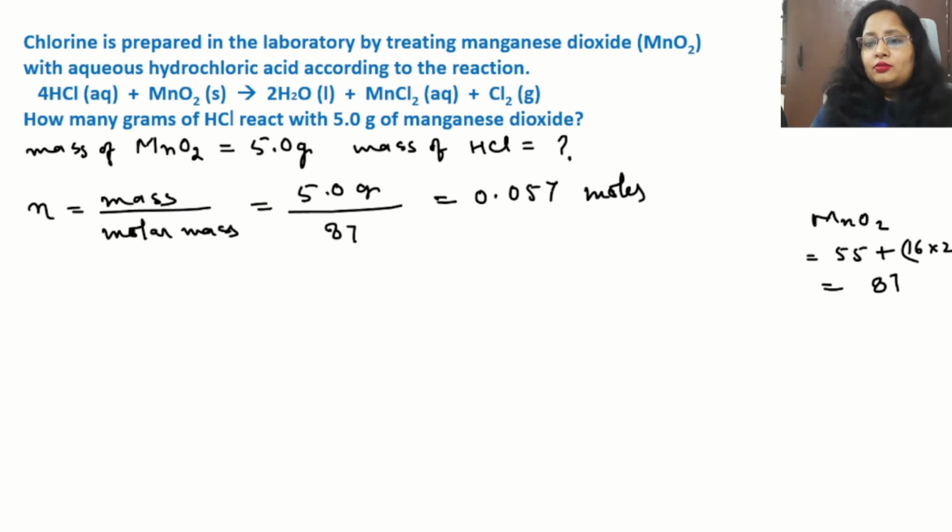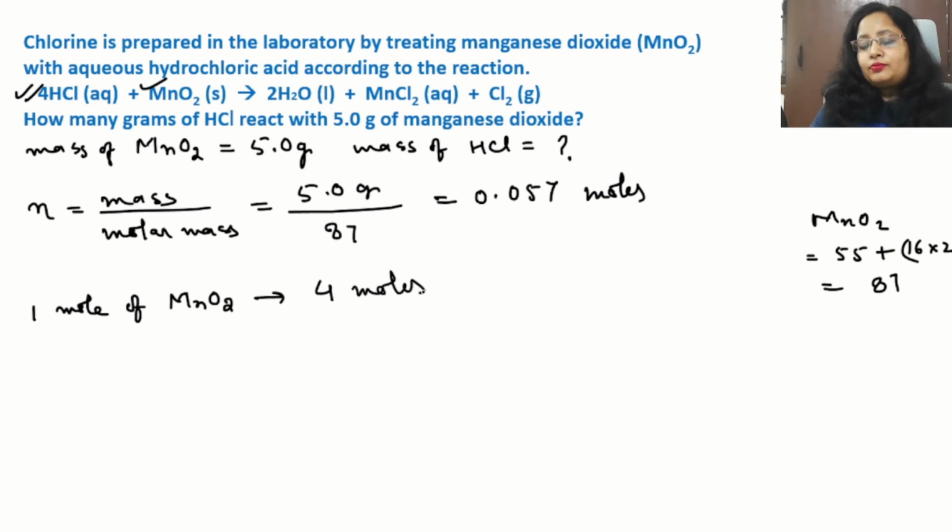Now according to the reaction, 4 moles of HCl reacts with 1 mole of MnO2. So we can use this point. We can write like that: 1 mole of MnO2 reacts with 4 moles of HCl.